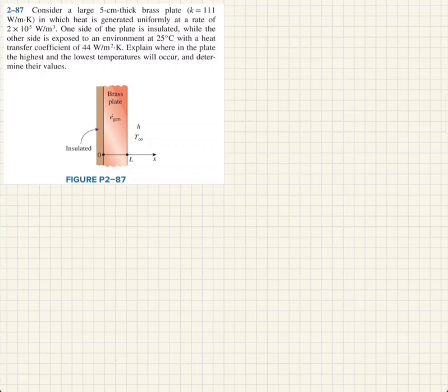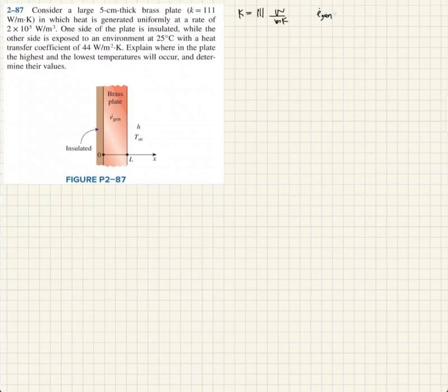So the first thing that we're going to do is write down everything that we know. Okay, so we know k, which is that, and we know that heat is generated uniformly at a rate of 2 times 10 to the 5.